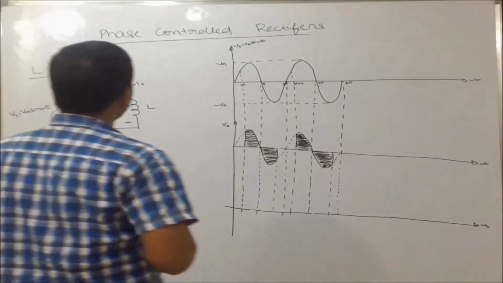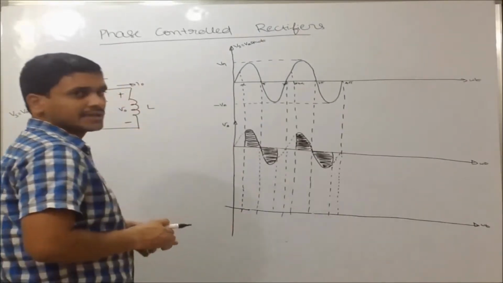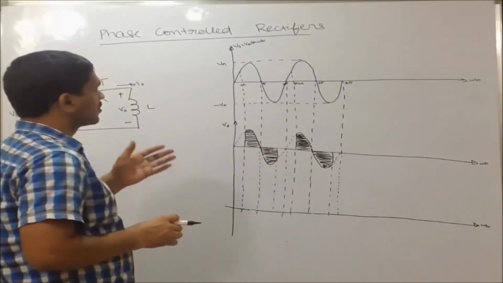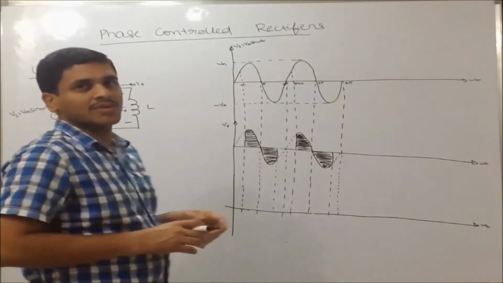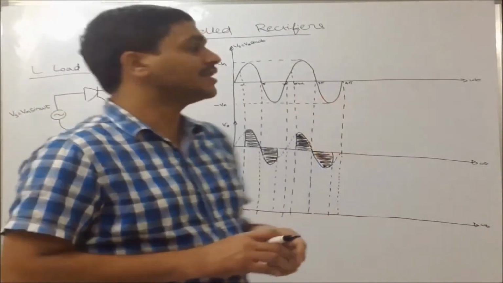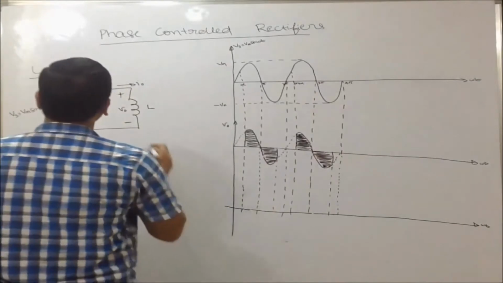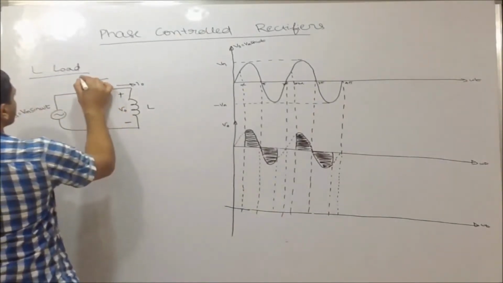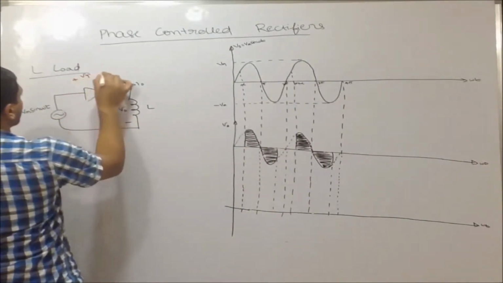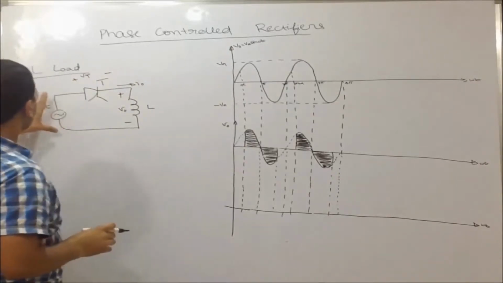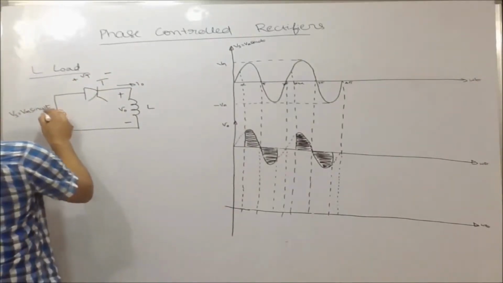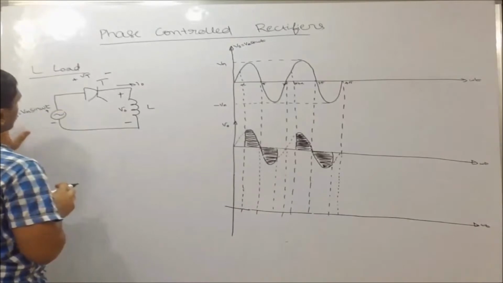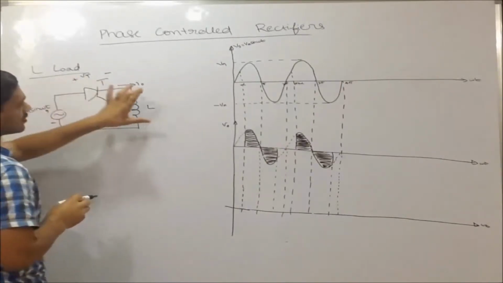Now we want to calculate the commutation time. For calculating the commutation time, we have to draw the voltage across the switch, meaning the voltage across this, that is Vt. If you apply KVL for the circuit, Vs equals Vt plus V0.